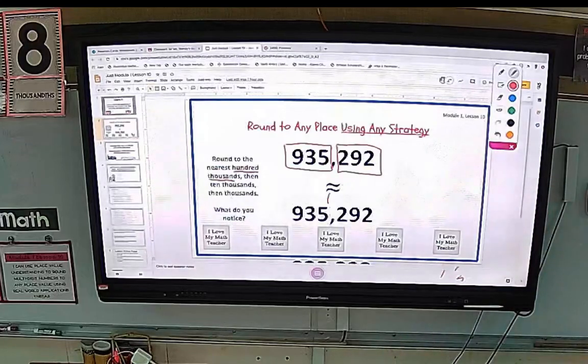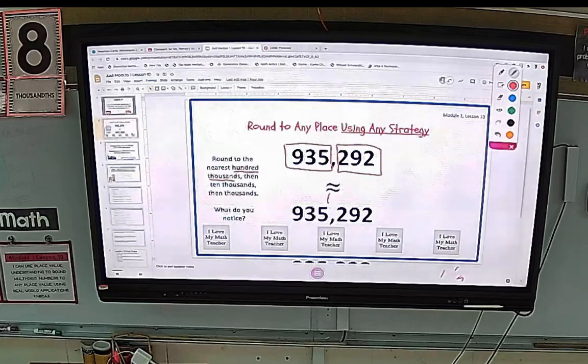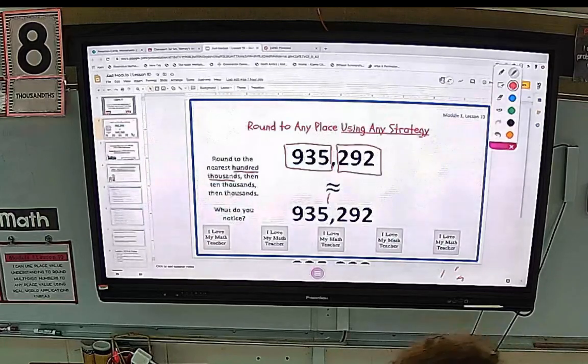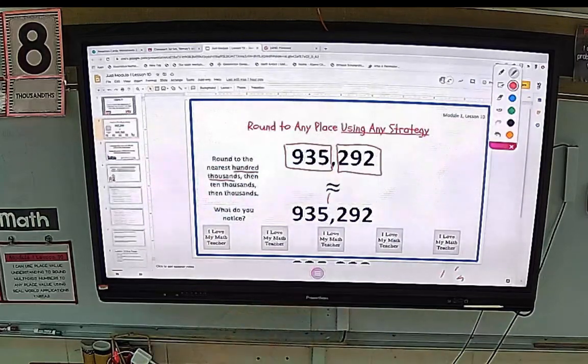We're just starting off rounding that top number. You may choose the strategy or the way that you like best. Rounding to the 100,000s place.